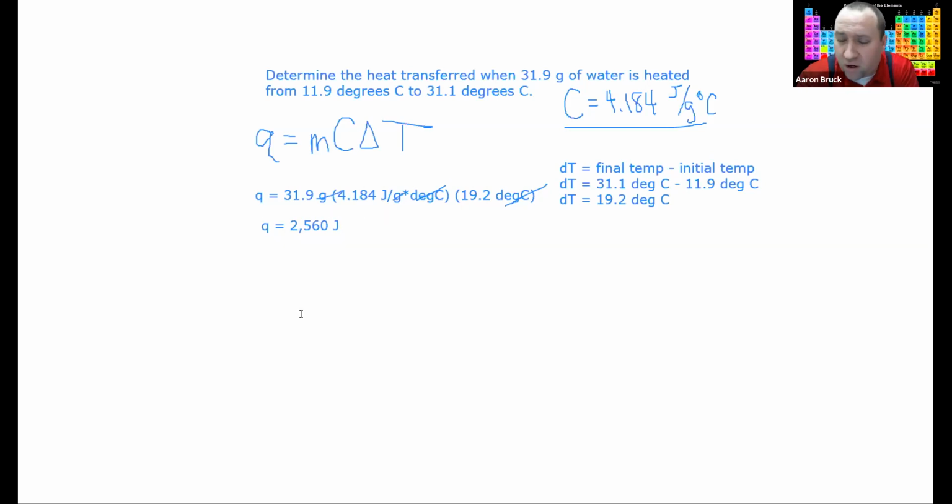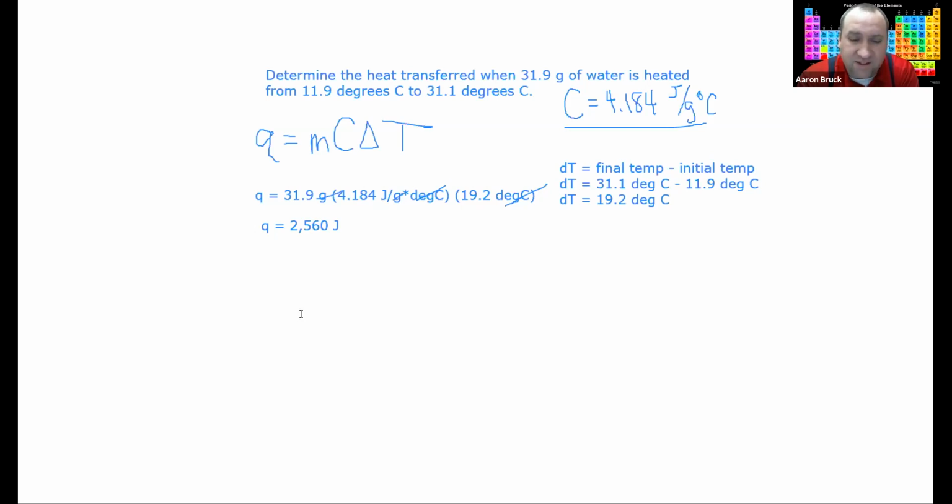Sig fig issues are important in these kinds of calculations because often we have a lot of estimation in our temperatures. So we want to make sure that we do not overestimate or over analyze our value for delta T or for the heat that is transferred as a result.